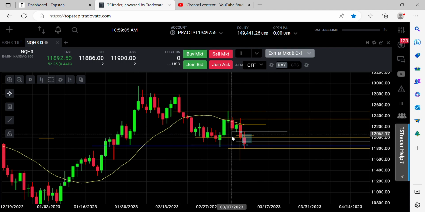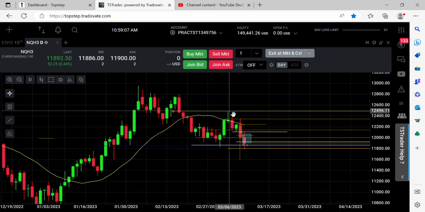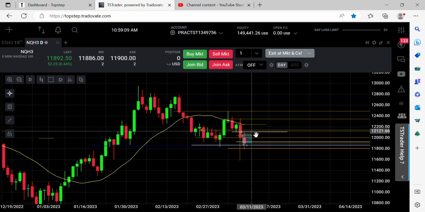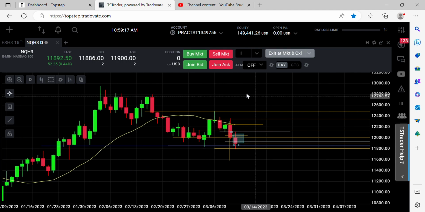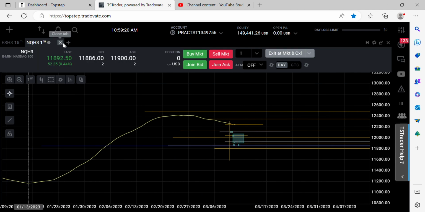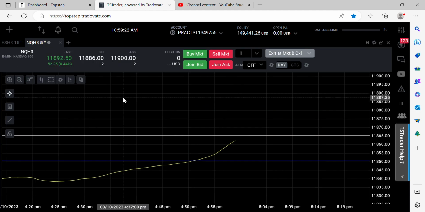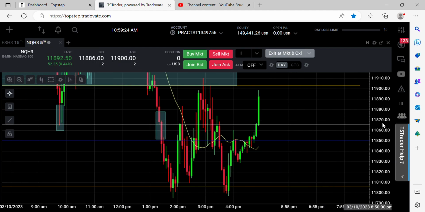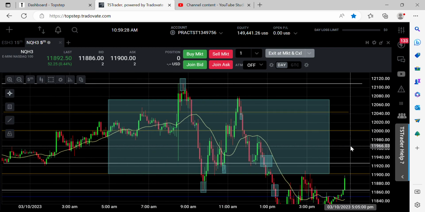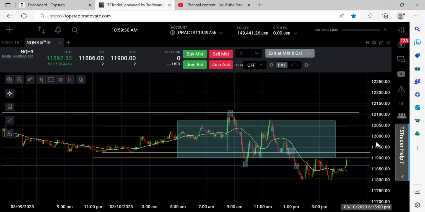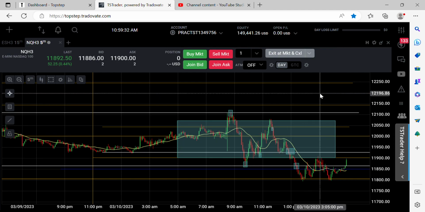And then if you were playing the retrace back down here from the daily, even though it was crazy, you obviously would have looked for a short to there. Interesting. Hard to play these bigger time frames though. The 1 minute or the 5 was probably the way to go. 5 minutes. 5 minute for sure. But that is trading the 10th.